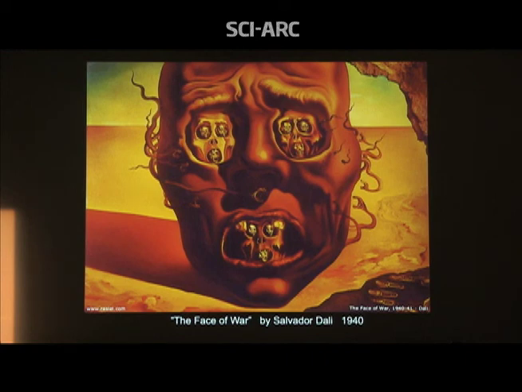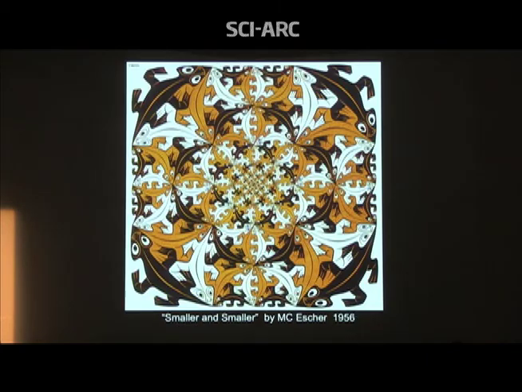Another artist who was really familiar with fractal patterning was MC Escher. He used it in a lot of his work, and in this one called Smaller and Smaller. A lot of his recurring themes was his desire to represent infinity in his artwork. And with this one, we can see infinity in the center of the print.